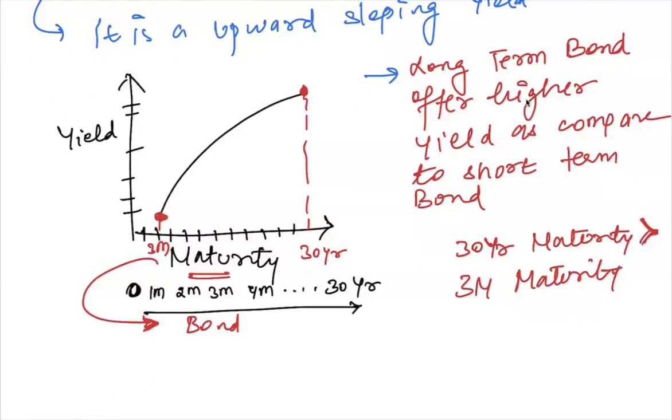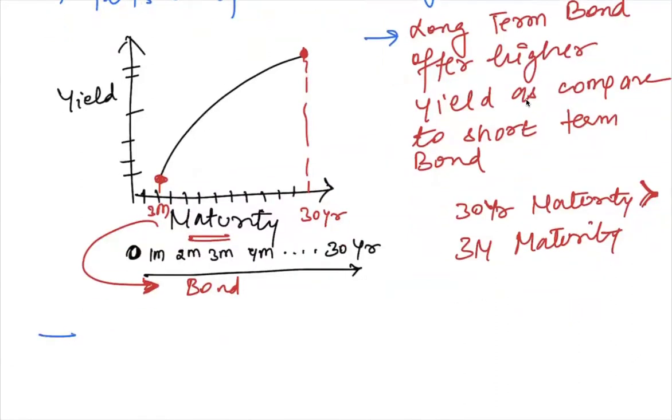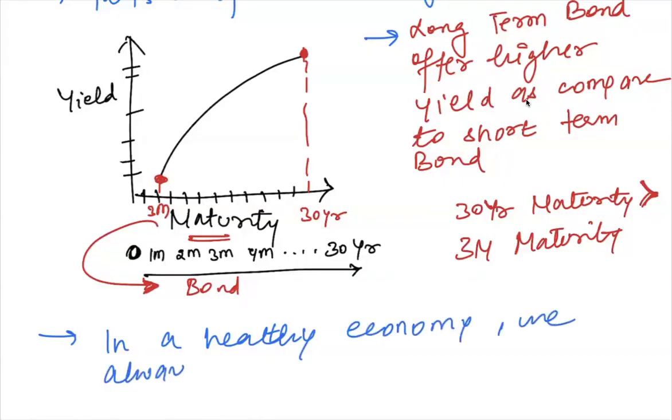In a stable economy, or in a healthy economy, we always see an upward sloping yield curve.